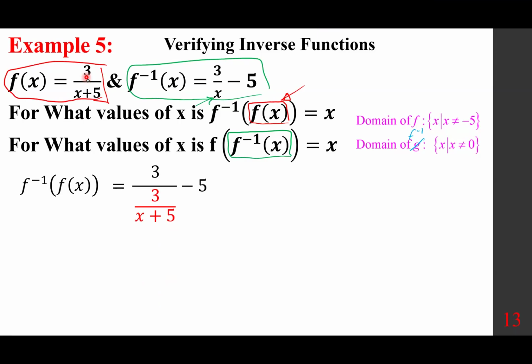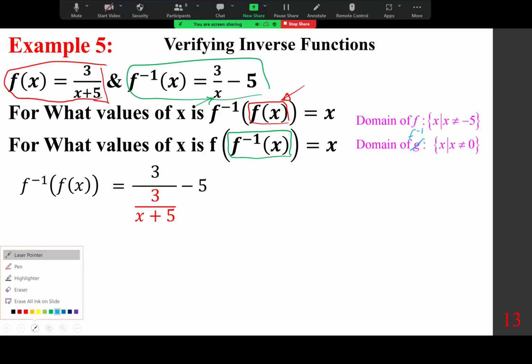Right? 3 times x plus 5. You multiply the extremes. You make the numerator into a fraction, 3 over 1. 3 over 1, this is 3 over 1.